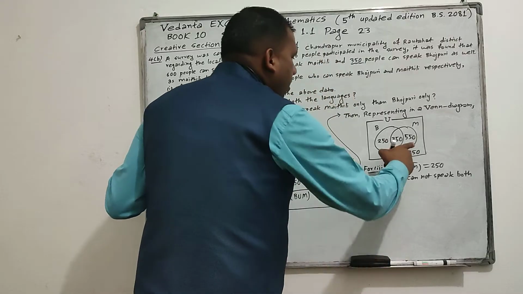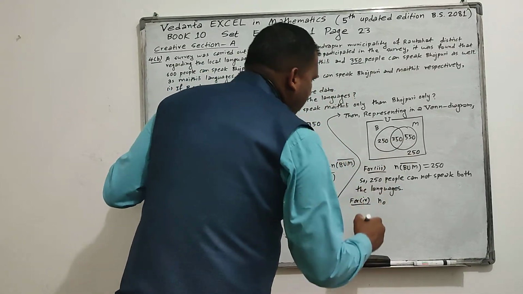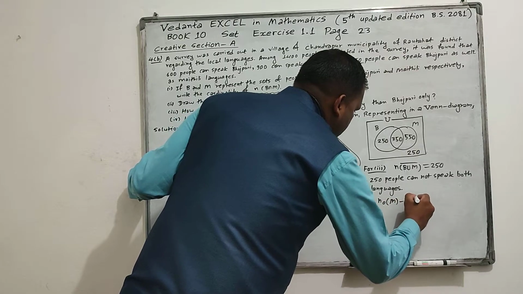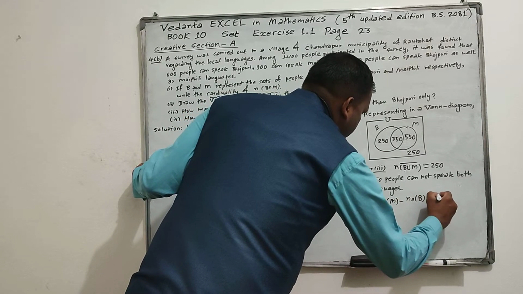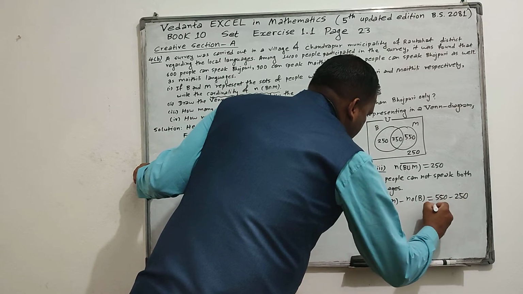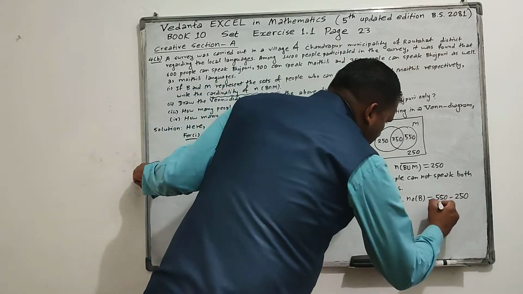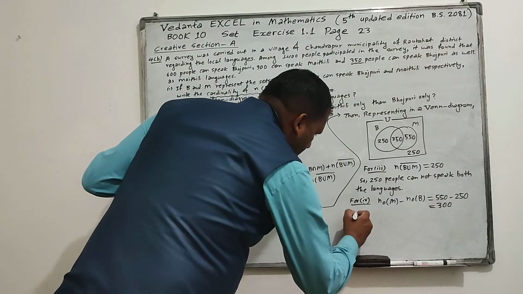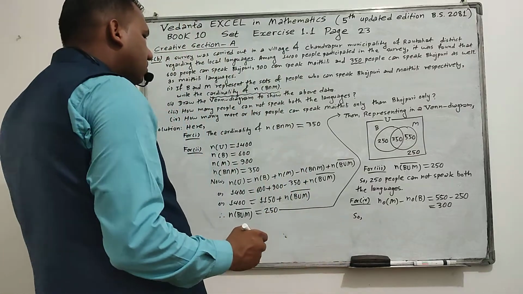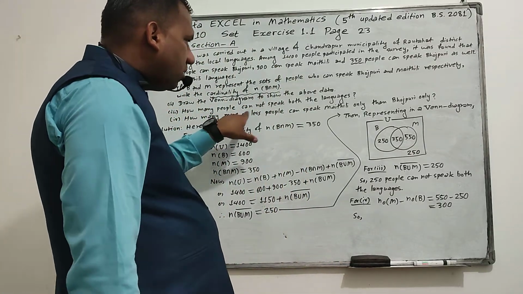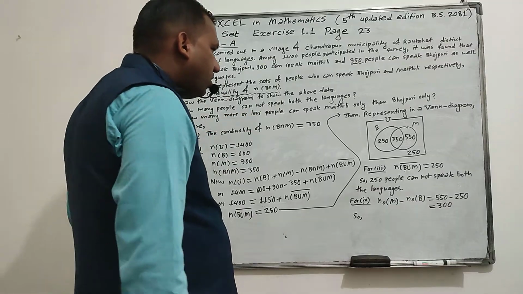M not B is more than M not B. So again, this n not M minus n not B equals 550 minus 250. This equals 300. So we can write 300 more people can speak Maithili only.